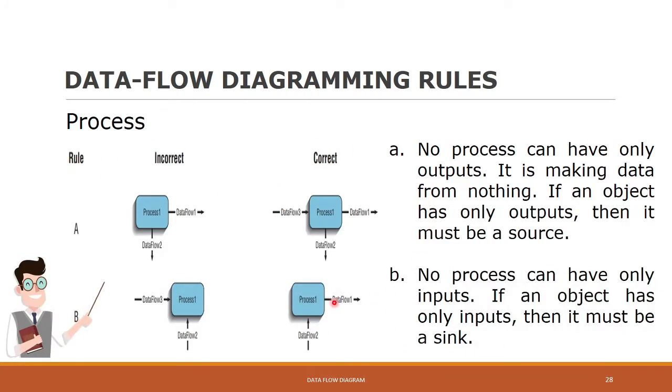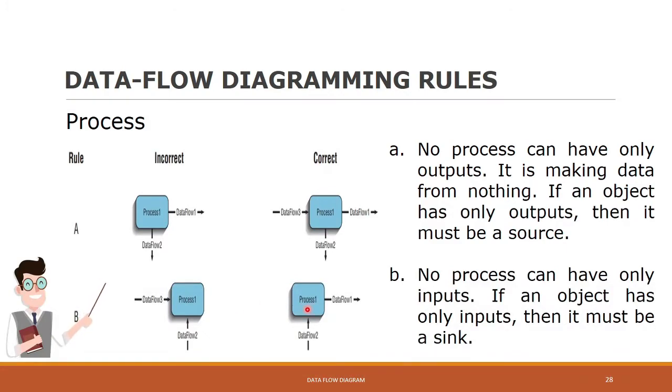So here is an example of incorrect and correct uses of process. As you can see here, there is an incoming data flow, then an outgoing data flow. Avoid this one. As you can see, there is no input data flow here. There should be an input data flow.